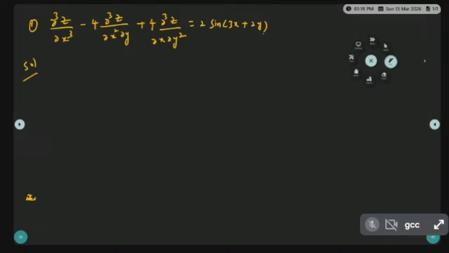Find the complementary function first. Find the yc. Convert to operator form, all of you.